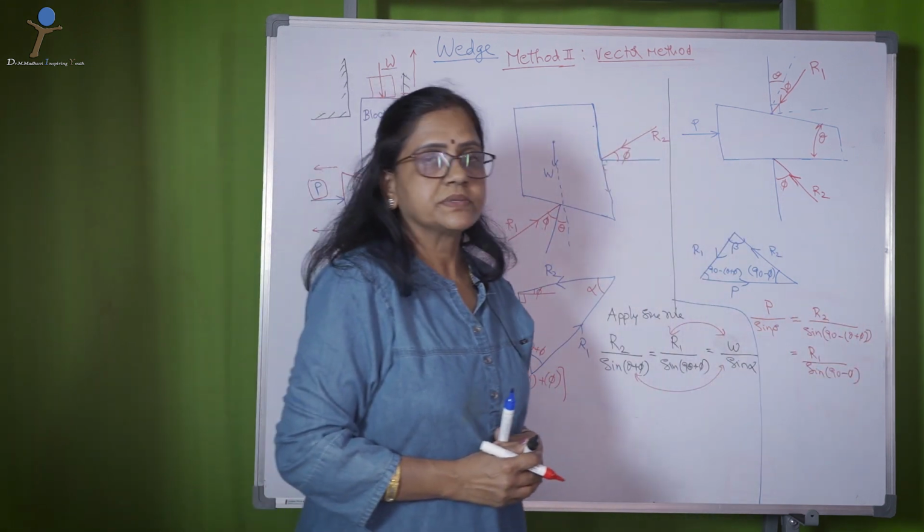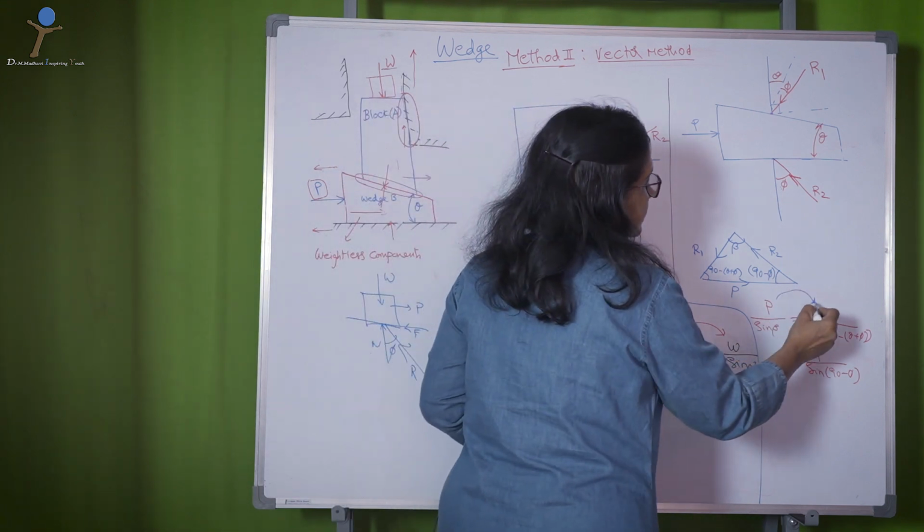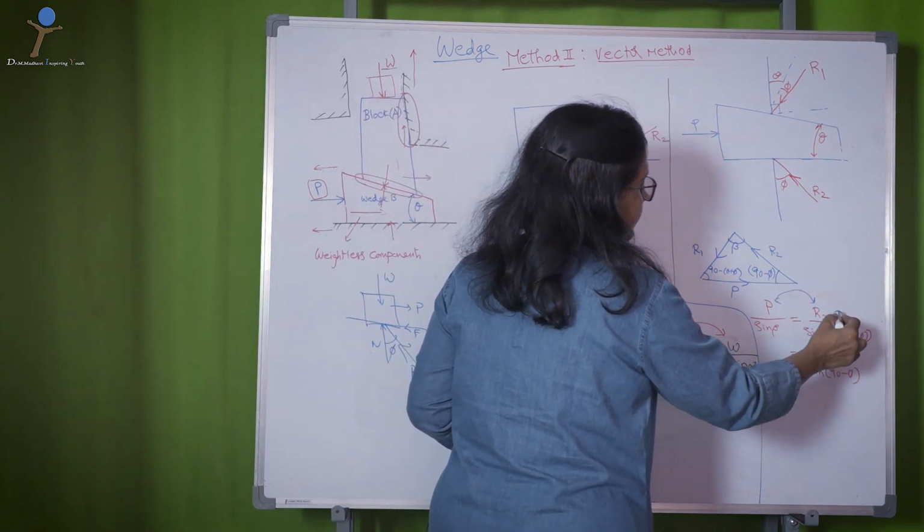So, these are the ratios. Now, use any two ratios to get the unknowns.